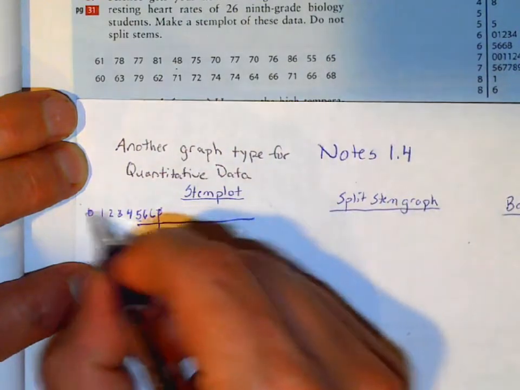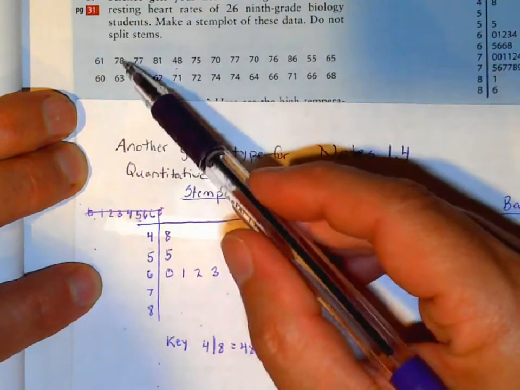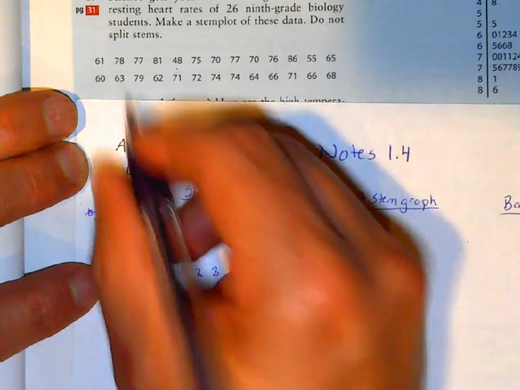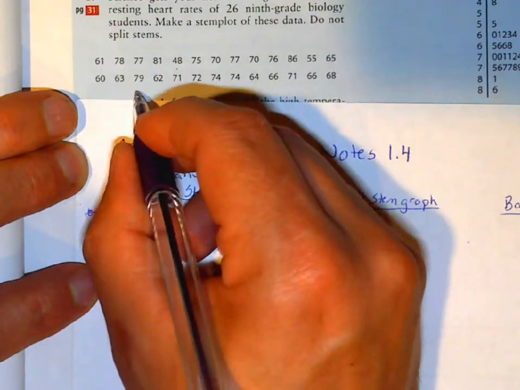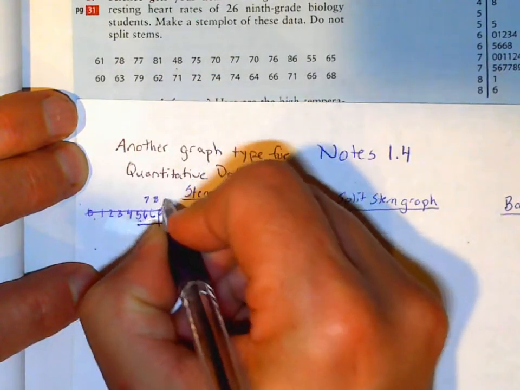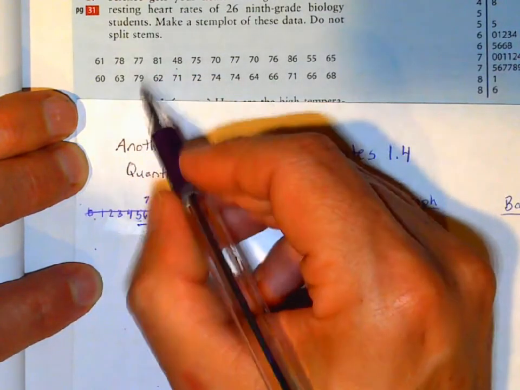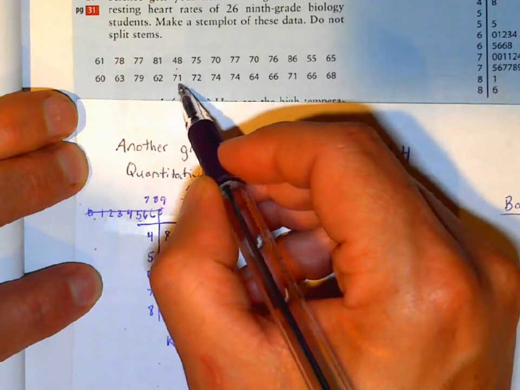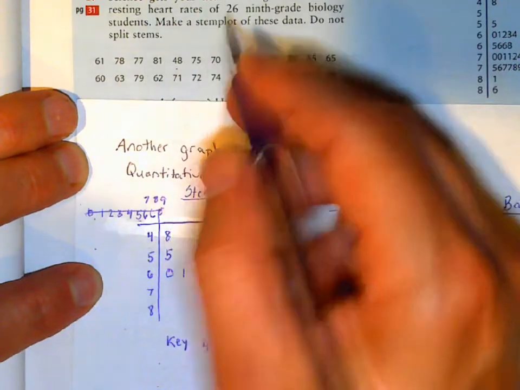Okay, so now I go to the 70s. I have a 78, 78, 77, 78, 79. I have a 71, 72, and 75.